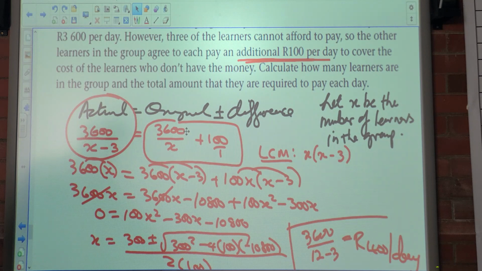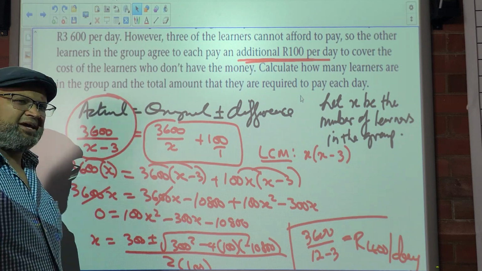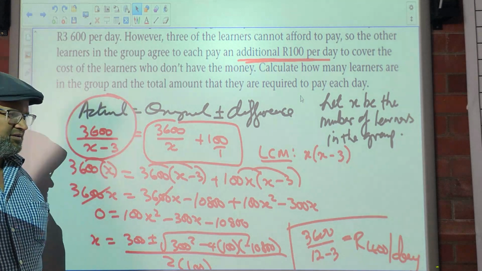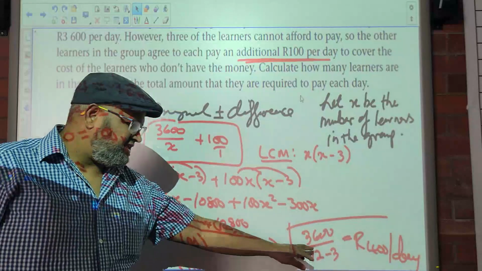No? Because the question is how many learners are in the group and the total amount that the learners each have to pay, I think it's not clear. So because it's not clear, you'll probably get the mark. But I understand what they wanted you to do. What's the answer at the back? 400. So they're also seeing it like that.